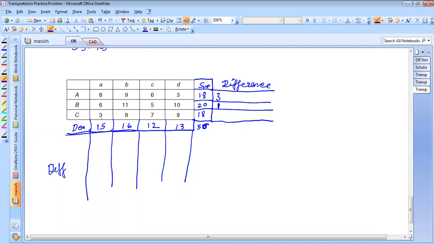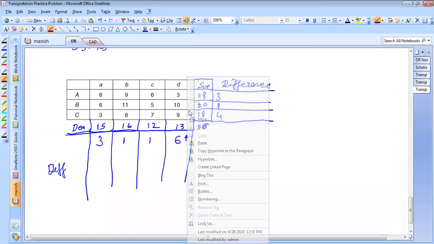Then next is 3 minus 7, 4. 3 minus 6, 3. 9 minus 8, 1. 6 minus 5, 1. 3 minus 9, 6. So which is the maximum? This one is the maximum.